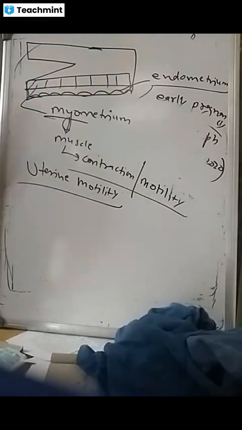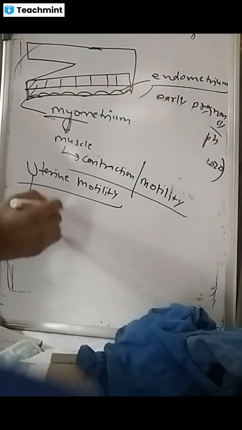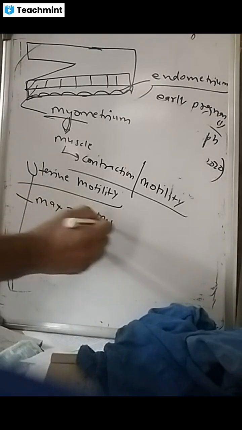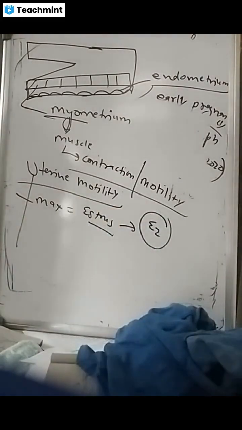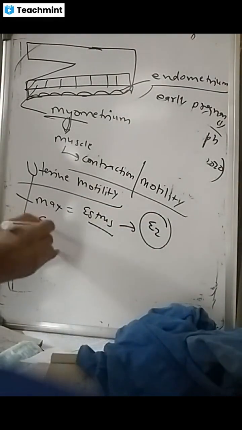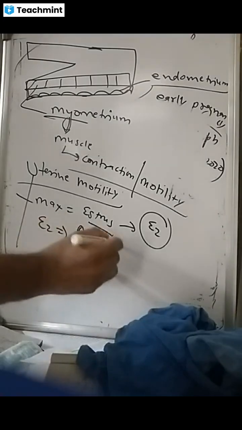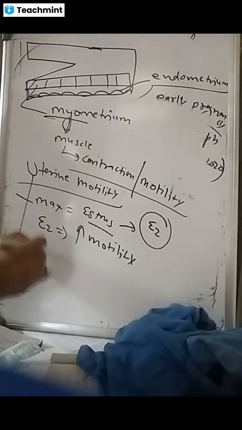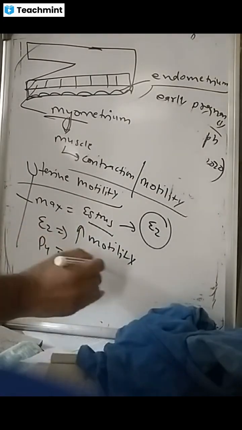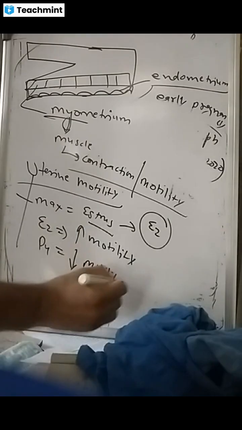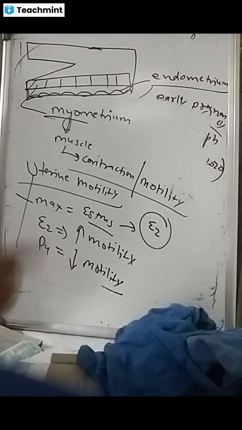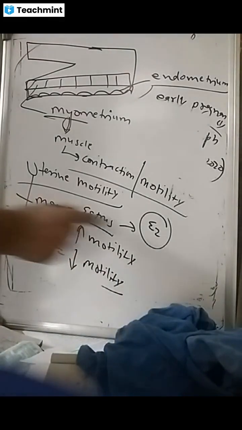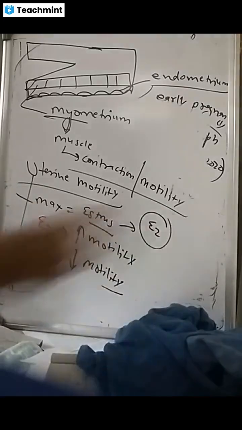This motility is maximum in estrus because of estrogen. So estrogen increases the motility of the uterus. In a pregnant cow, progesterone decreases the motility, and it is maximum in case of estrogen.